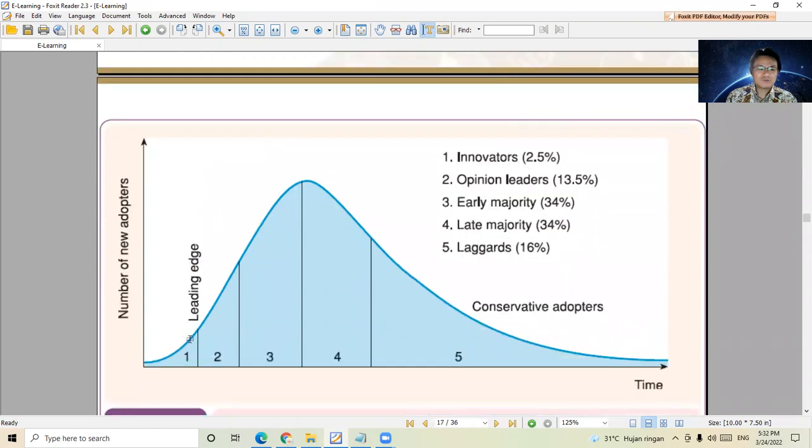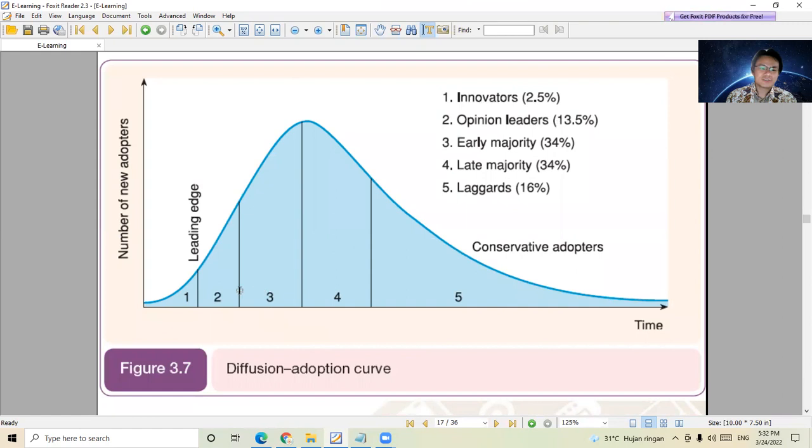They begin to adopt the new technologies, and eventually, as time goes, the opinion leaders try to adopt the new technologies, and then the early majority, after the technology has been there for some time, and number 4, the late majority, and the last one is the laggards. Laggards are the conservative adopters, which means they are very late to adopt that technology.